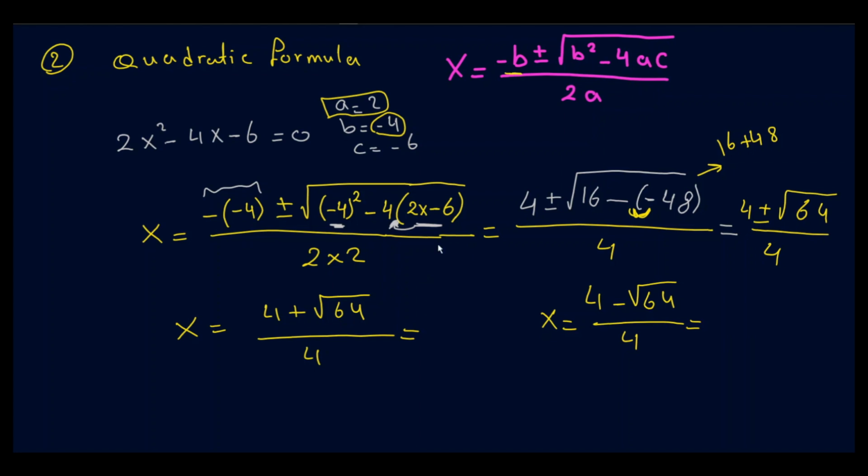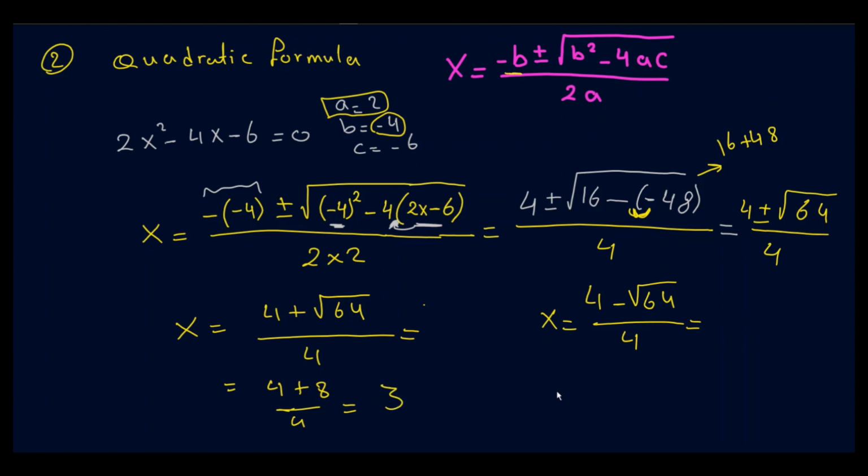The square root of 64 is 8. So over here we have 4 plus 8 over 4, which is 12 over 4, equal to 3.